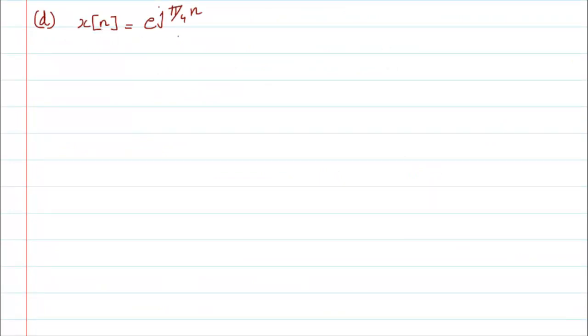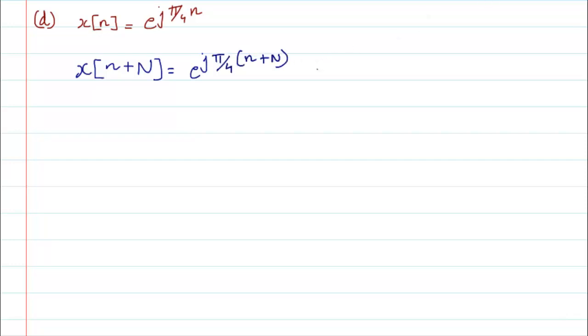Let us look at the next problem. So here we have got x[n] is equal to e^(j pi by 4 n). Now this is a signal which is discrete time. So we know that x of small n plus capital N will be equal to e raised to power j pi by 4 (n plus capital N).